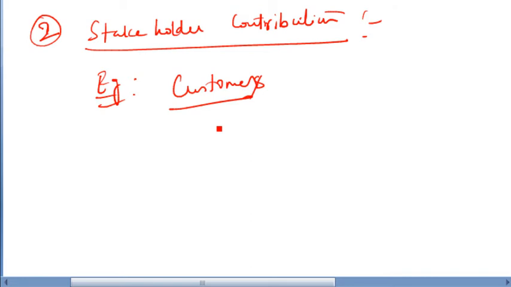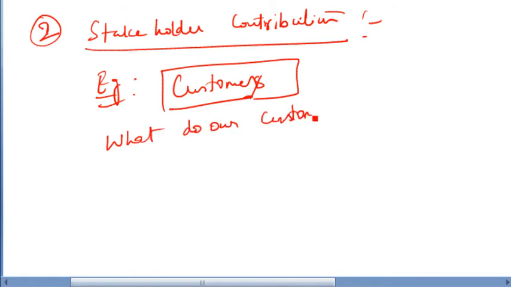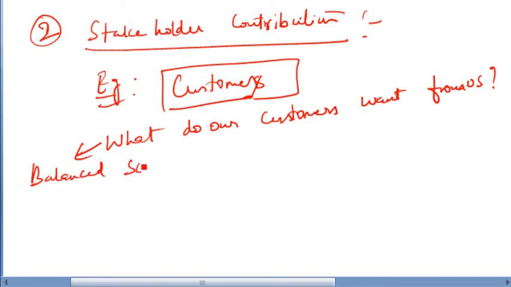A good example is customers. Many earlier performance measurement frameworks, such as the balanced scorecard, do ask, what do our customers want from us? That's what the balanced scorecard says.